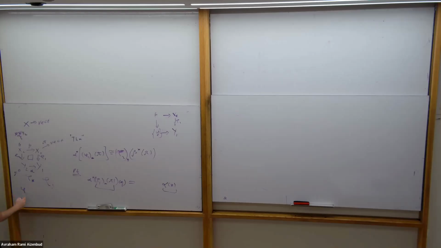So p lower star of pi at point x is the product over y of the vector space at the point y, x, y inside pi. And if you do lower shriek, then it's a direct sum here.